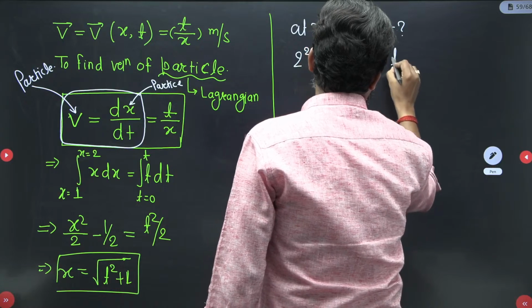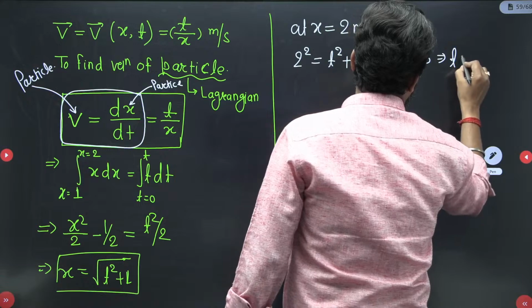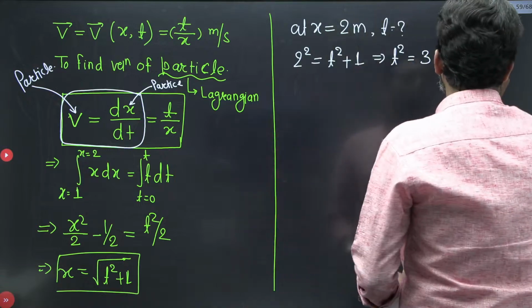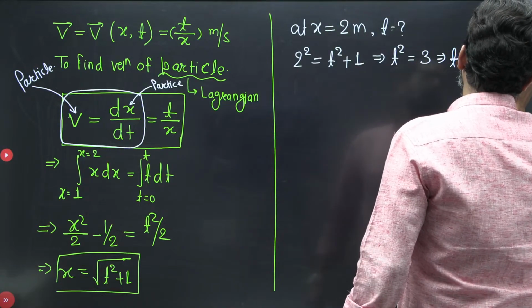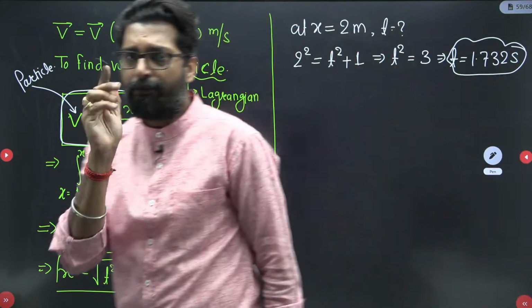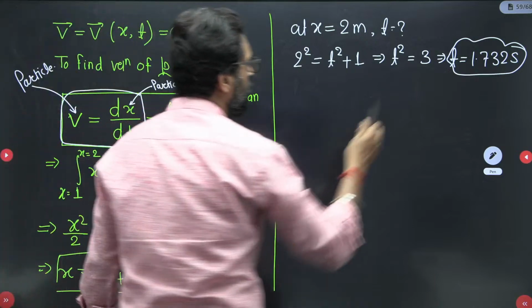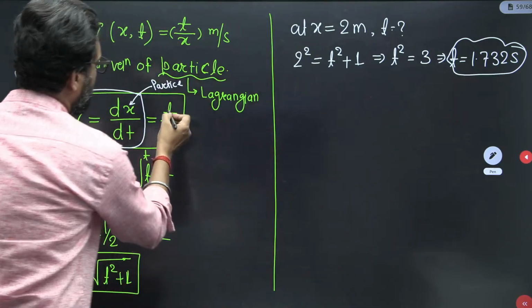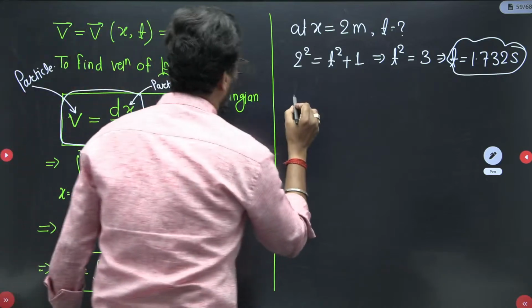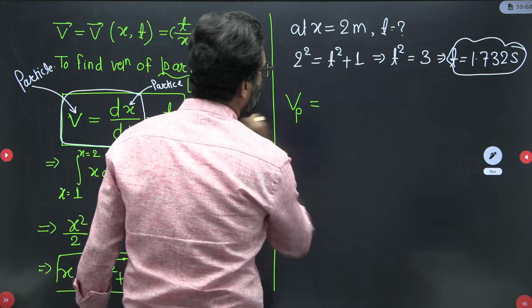So t square is equal to 3. So t is equal to square root of 3, 1.732 second. This is your time. The time we take for the particle from point x equal to 1 to point x equal to 2. Now if you have t, put t and distance you have. So velocity v of a particle is equal to t, how much?